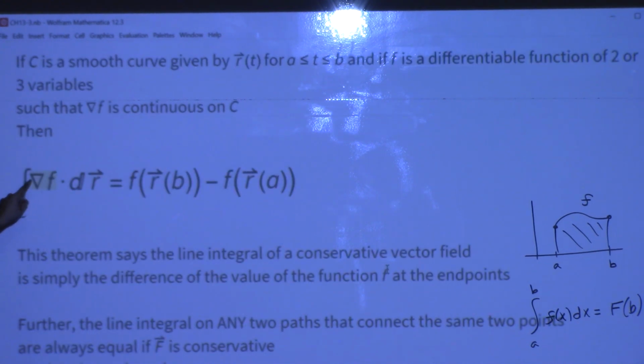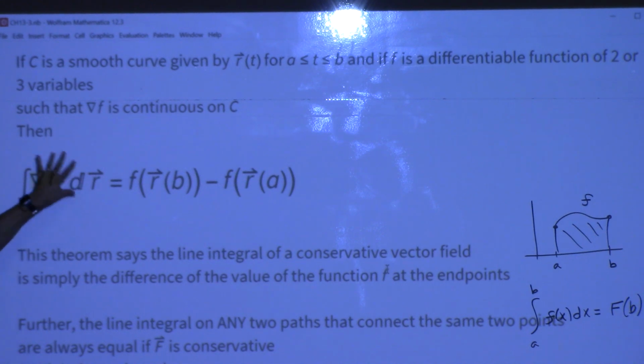If you take the line integral of the gradient of f, now what's the gradient of f? Is it a scalar function, vector function, constant? What is it? It's a partial. You do the partials to get it, but what do you get at the end? When you do a gradient of a scalar function, you get a what? A vector, right? So if we take the gradient of some scalar function and we dot it with r prime of t, then dt.